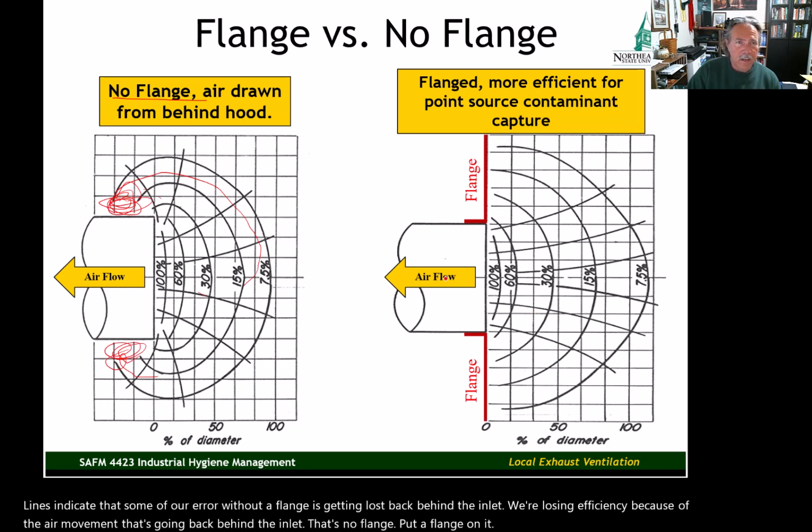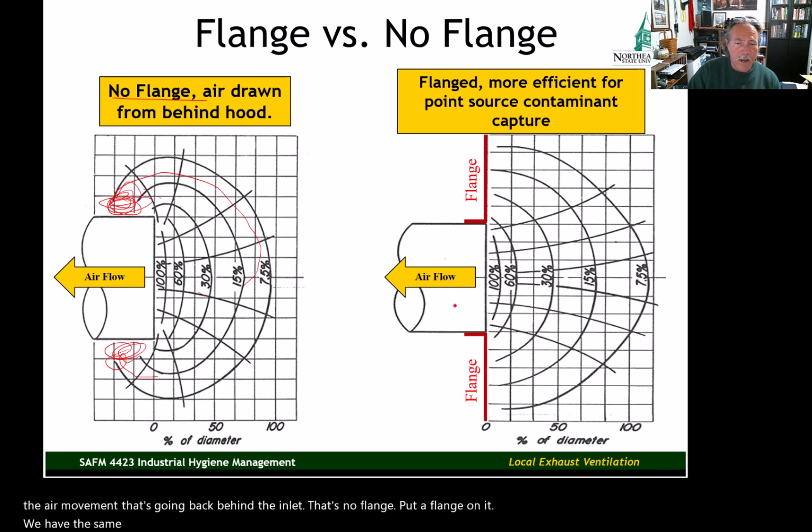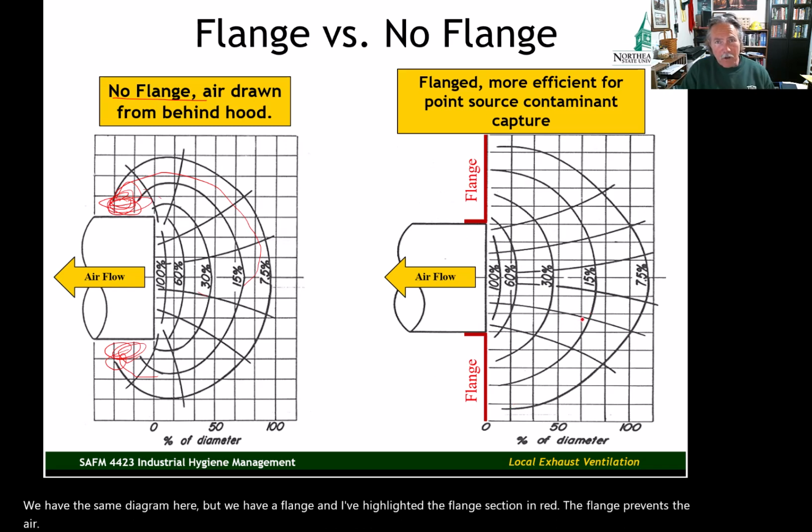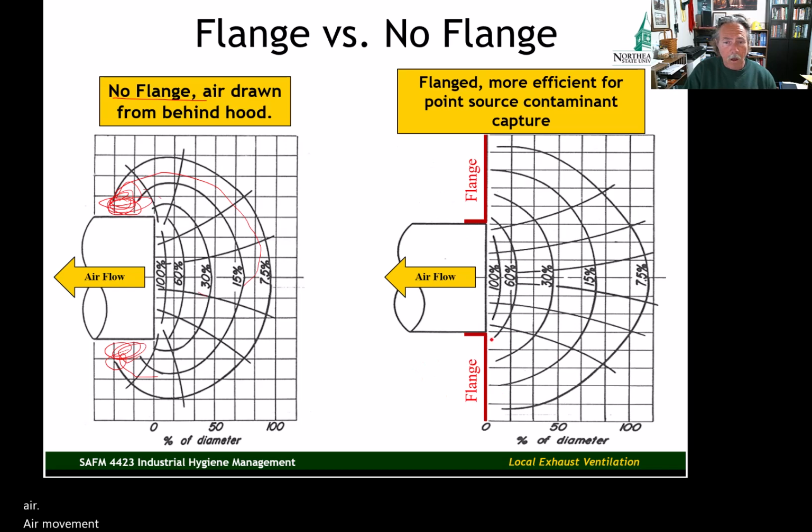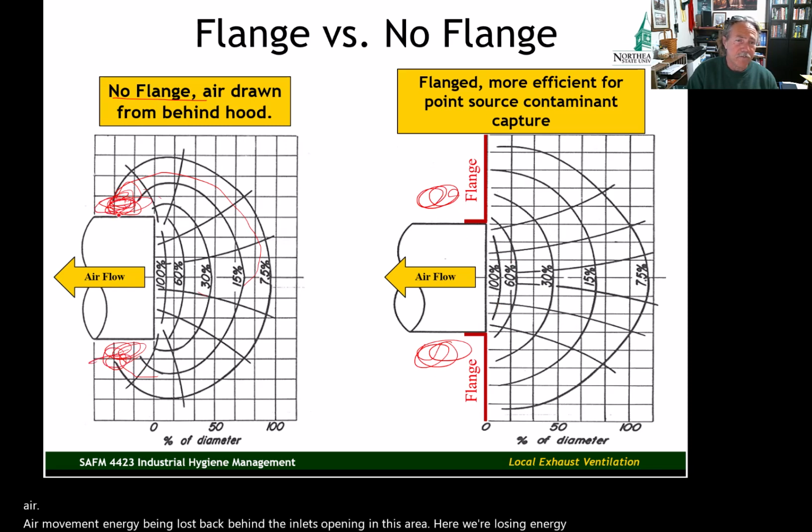We have the same diagram here, but we have a flange, and I've highlighted the flange section in red. The flange prevents the air movement energy being lost back behind the inlet opening in this area. Here we're losing energy, losing efficiency.